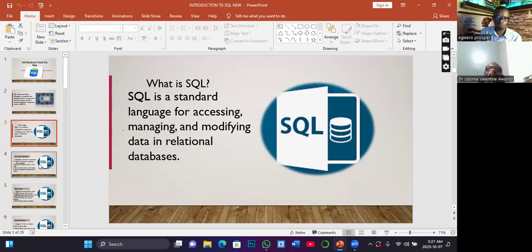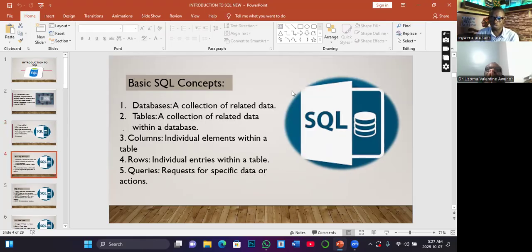Okay, so now let's quickly look at some of the basic concepts of SQL. Before you start learning SQL, there are some basic terms that we need to settle. We need to understand them, because using a language without understanding the fundamentals, the popular terms used in that language, is not good.